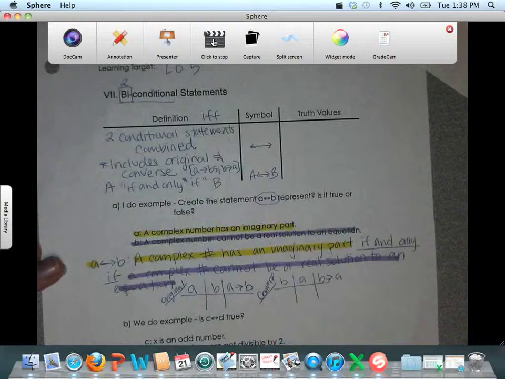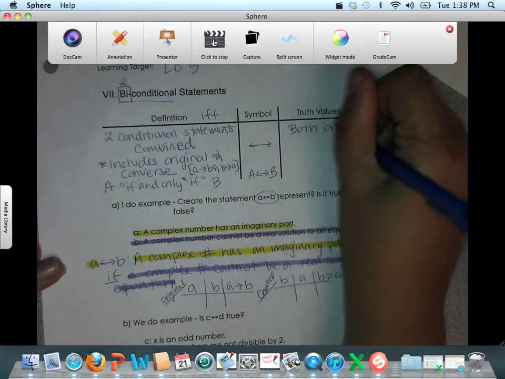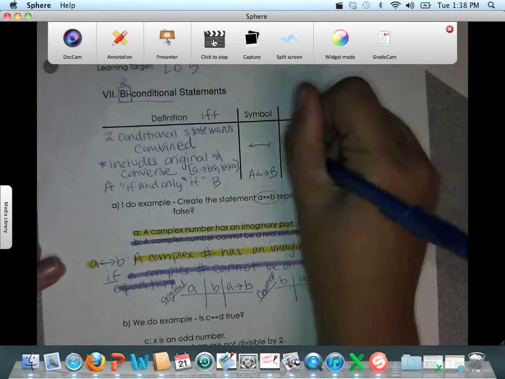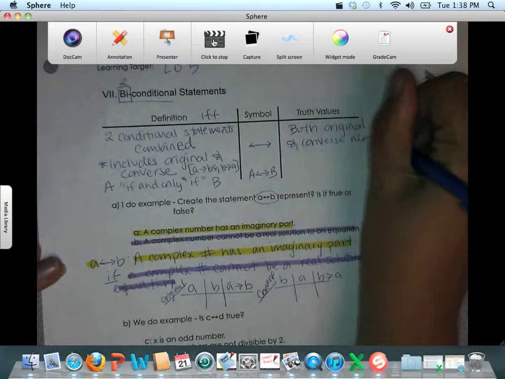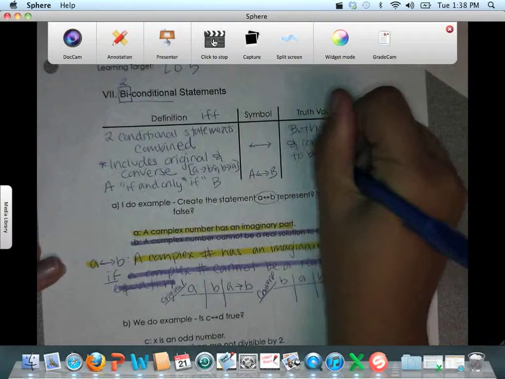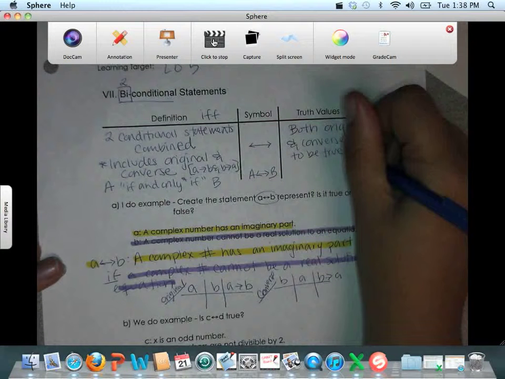Now, in order for this statement to be true, both original and converse need to be true.